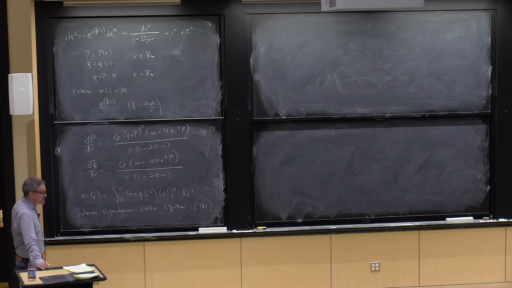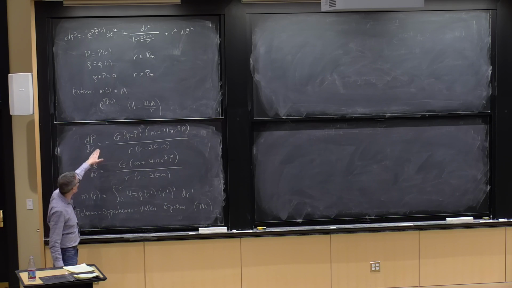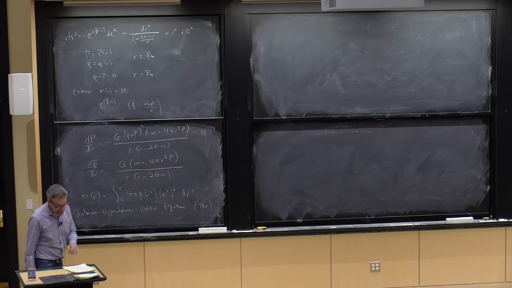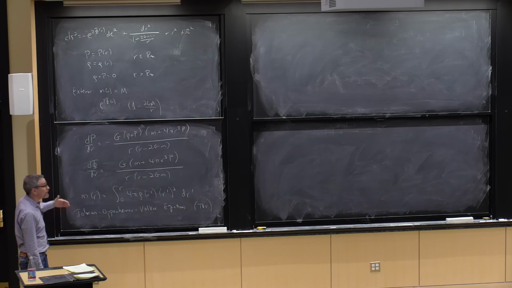These two equations actually have a Newtonian limit associated with them. This is a relativistic version of the equation of hydrostatic equilibrium, and it has a simple Newtonian analog describing the gravitational potential inside a fluid object.